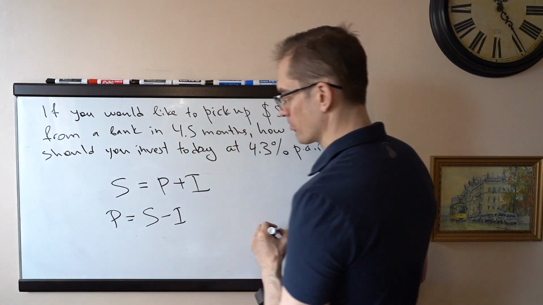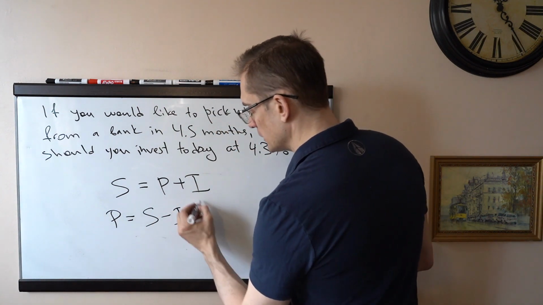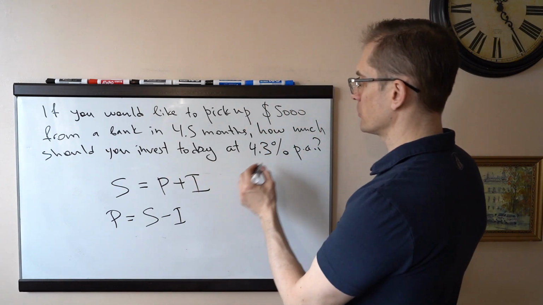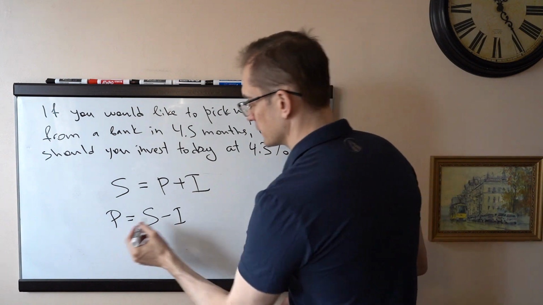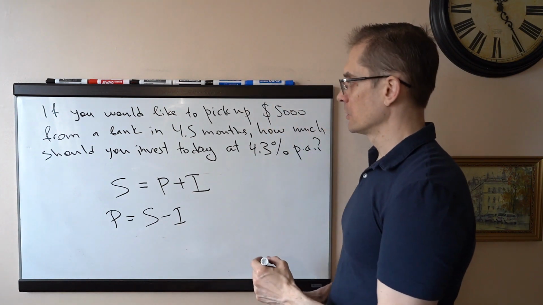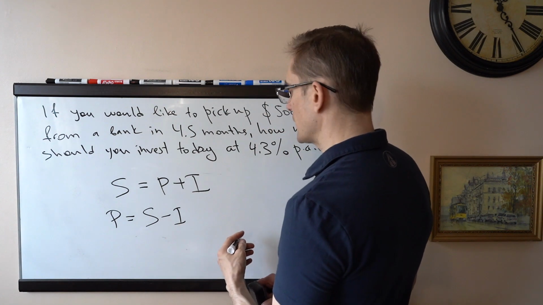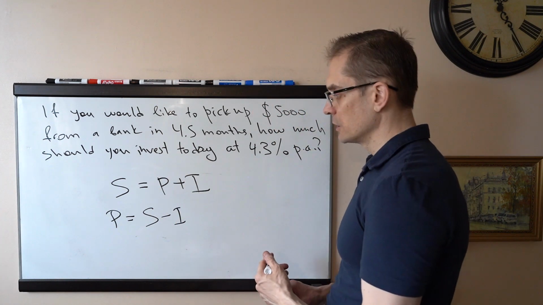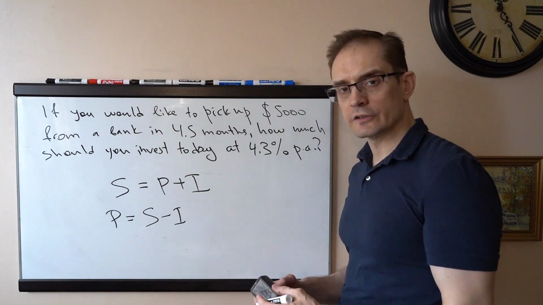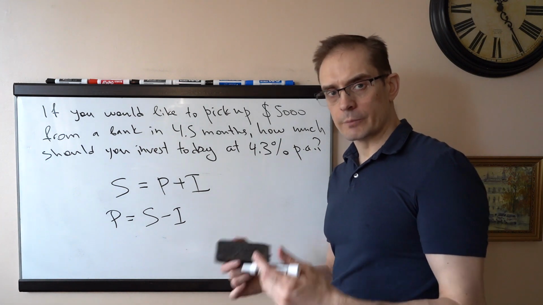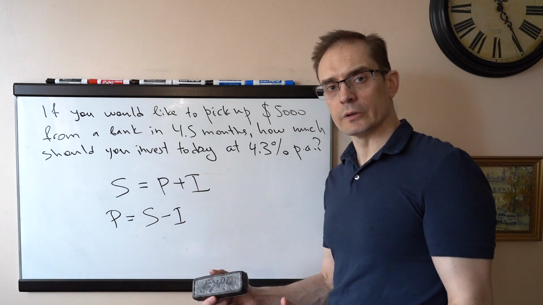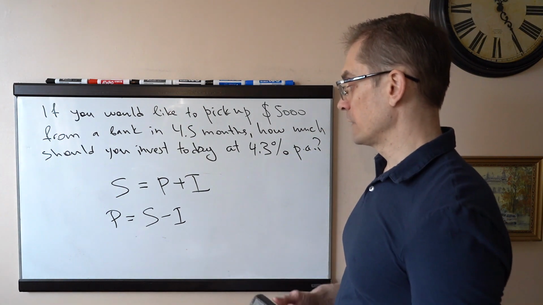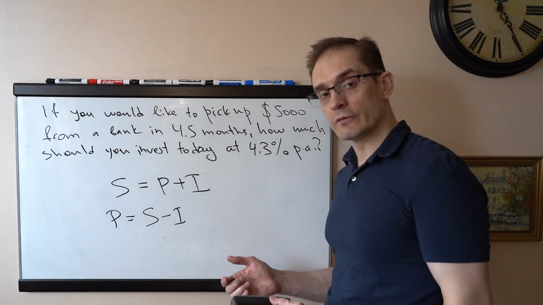Why don't we just find interest and then take simple future value, which is $5,000, and find present value? Well, the answer is that you cannot find interest. And why? Because in order for you to find interest, you need to know the present value. You need to know the principal. If you don't know the principal, there is no way to find interest.